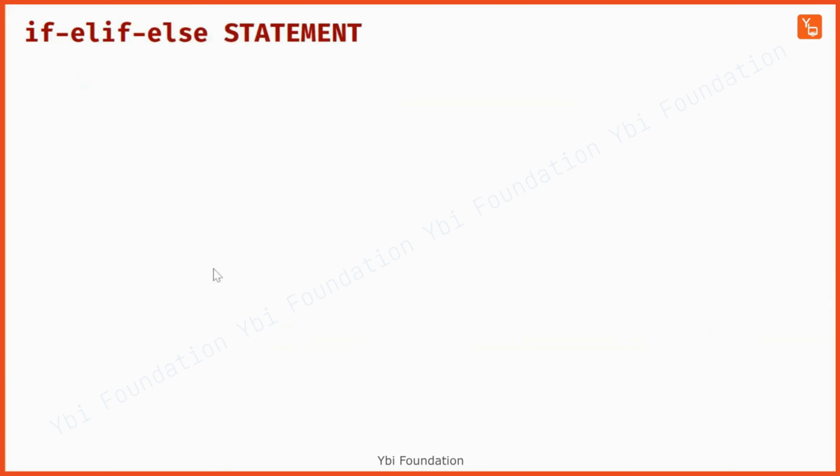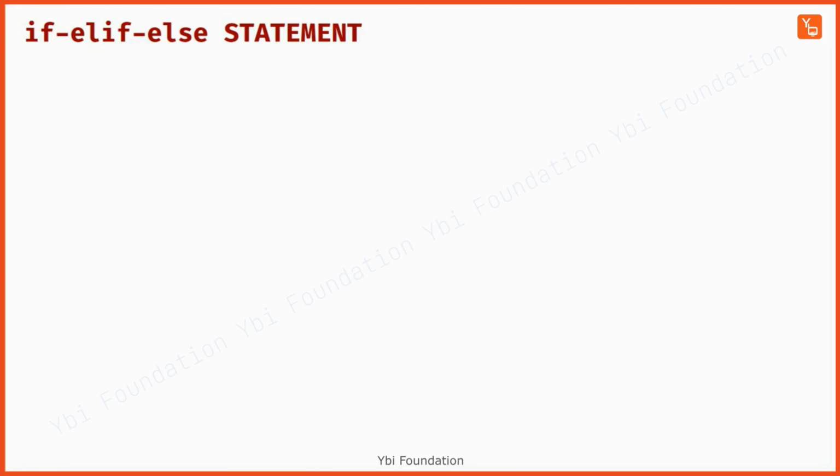Now let's say we want to add more conditions. We are not satisfied with only one condition being true or false, or only if-else. We want to add more conditions.